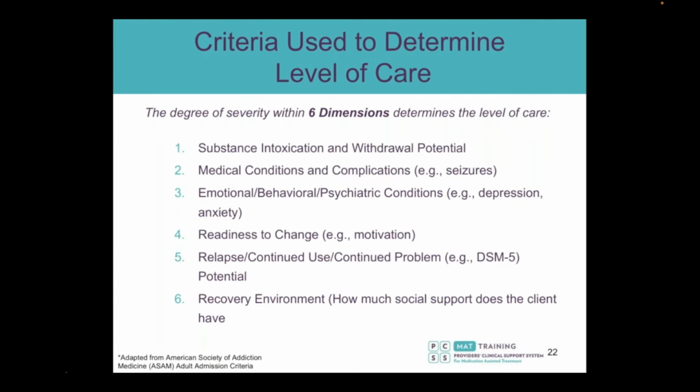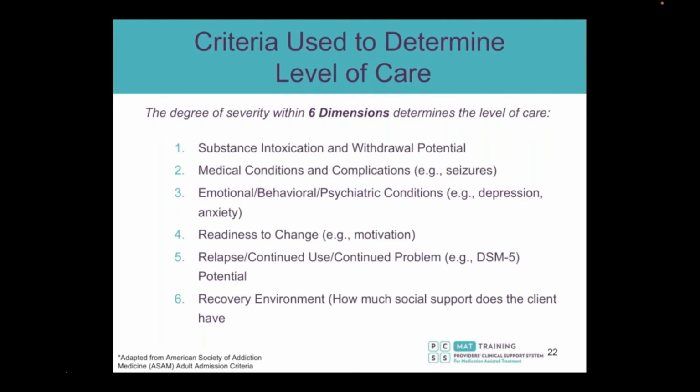So if someone's withdrawal potential is high, that's fine because we're giving them a medication. If they have medical conditions, they need to be managed well. Okay, so good management of hypertension, diabetes, asthma. Same thing for their psychiatric conditions; they need to be managed well.